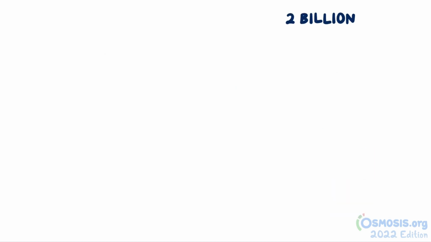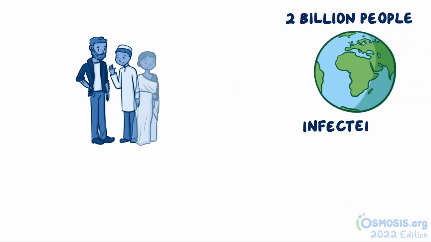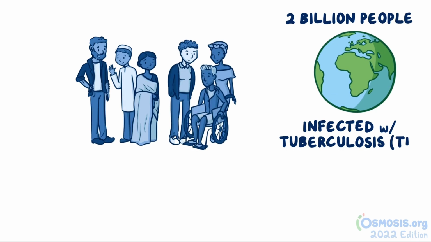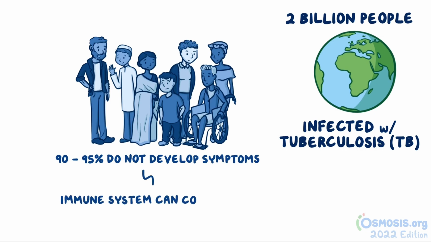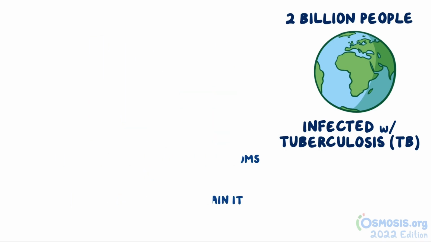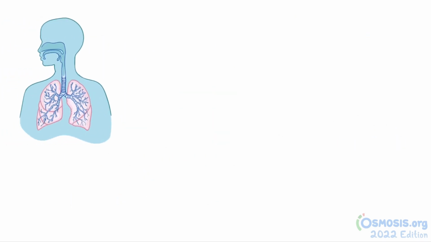Although about 2 billion people worldwide are infected with tuberculosis, or simply TB, the vast majority, about 90 to 95%, don't develop symptoms. This is because usually the immune system can contain it. So Mycobacterium tuberculosis is usually transmitted by inhalation, which is how they gain entry into the lungs.